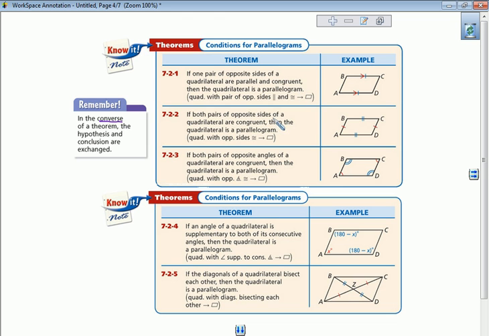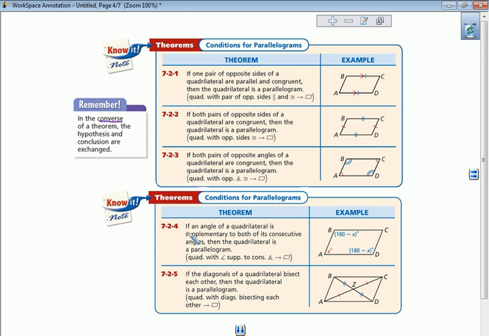If we have both pairs of opposite sides congruent, then our quadrilateral is a parallelogram. If both pairs of opposite angles are congruent, then our quadrilateral is a parallelogram. So just like the other day when we switched our hypothesis and our conclusion, that's what we're doing here. These are our conditions for our parallelograms. They are the converse of the theorems we've already discussed.